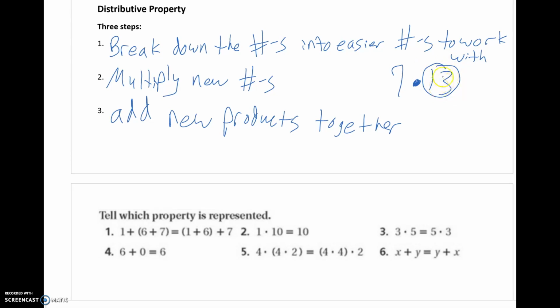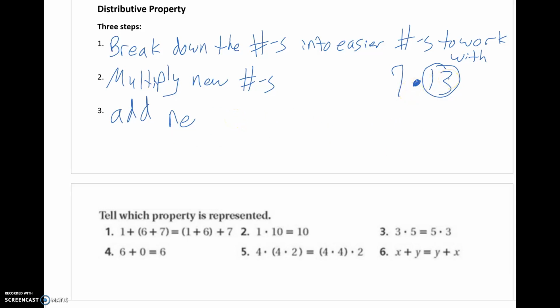Typically, you're going to break the 13 down into 10 and some other number. Okay, so if we think about what adds together to make 13, it would be 10 and 3. So this can change into... And I'm going to erase some of this stuff so we can have some room to work here.